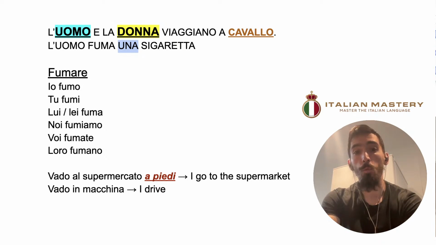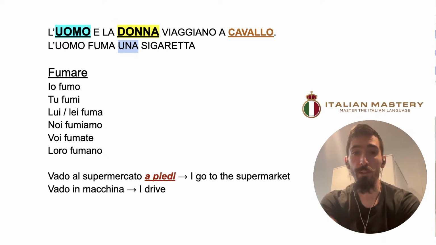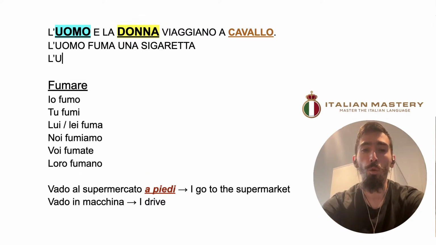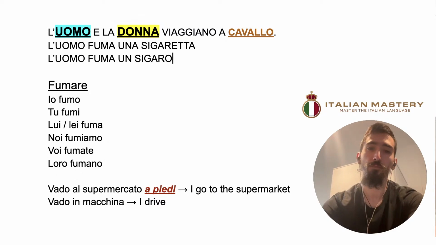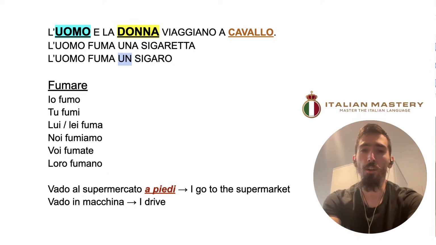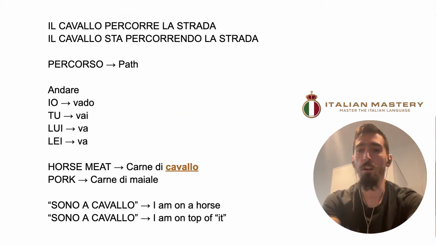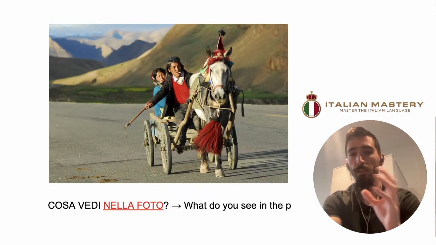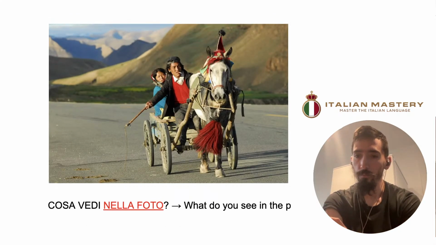If the man was smoking a cigar, for example, cigar is masculine. L'uomo fuma un sigaro. Sigaro, masculine, and it's got its article that goes along with that gender and number.